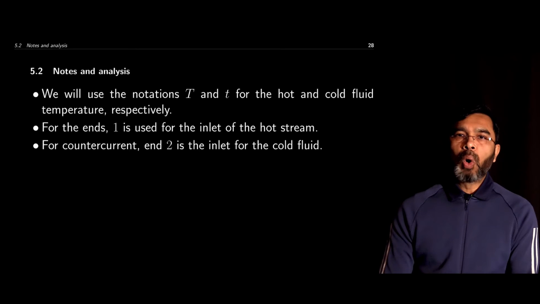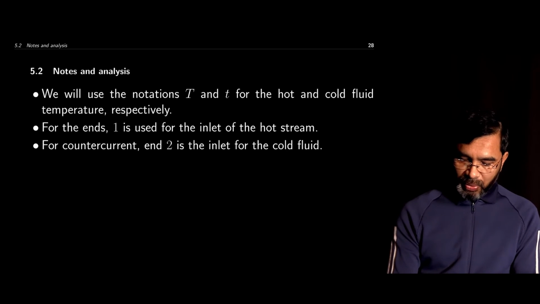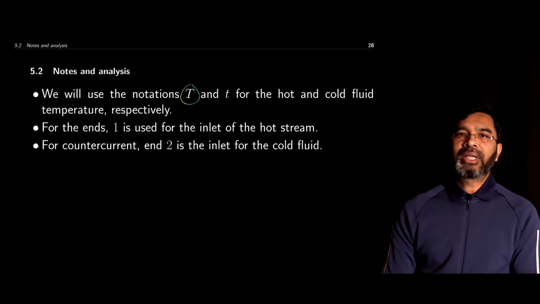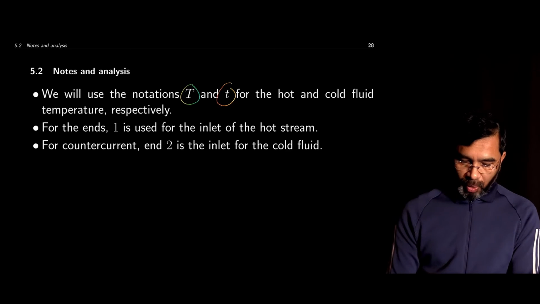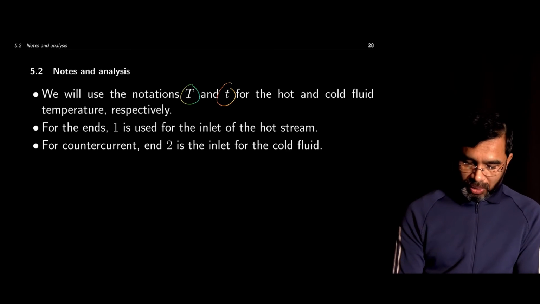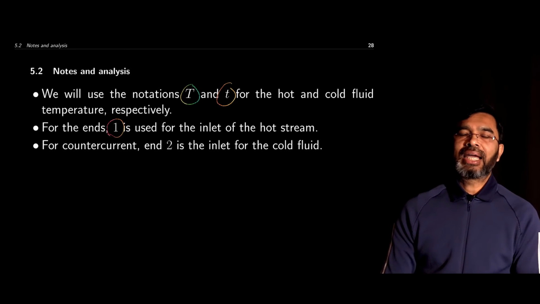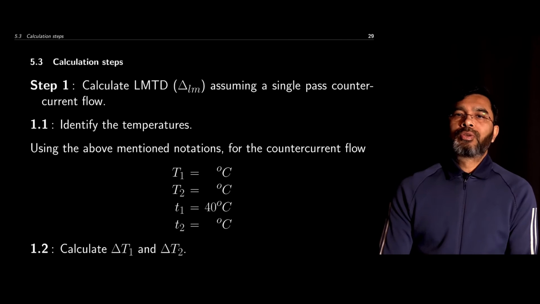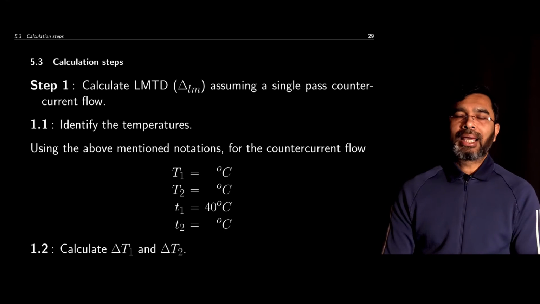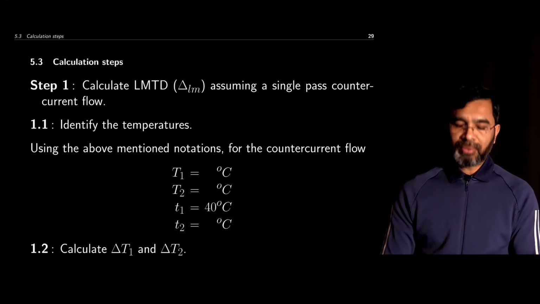Now just a couple of notes on the symbols here. We'll use the capital T for the temperature of the hot stream and a small t for the temperature of the cold stream. Also, we'll consistently use 1 for the inlet side of the hot stream. So for counter current flow, 2 is the inlet side for the cold stream. So following that procedure, let's calculate the corrected mean temperature for this process.